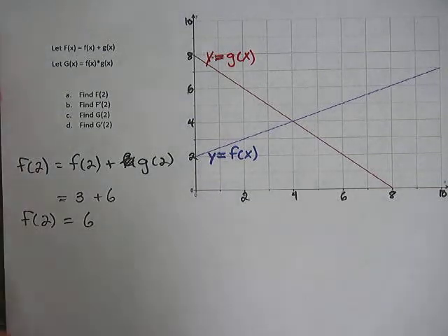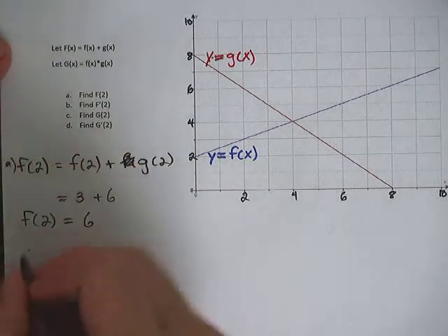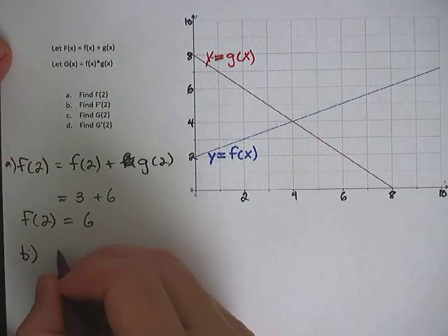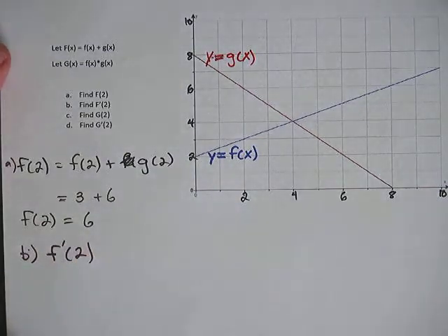Let's find F prime of 2 for B. So that was A. B, F prime of 2. And we know that capital F of x is equal to f of x plus g of x. So how would we find the derivative?